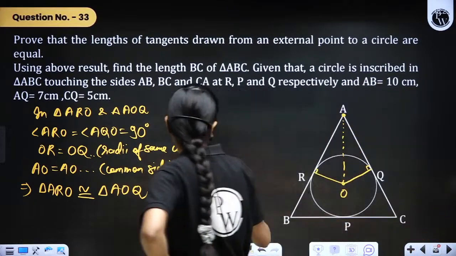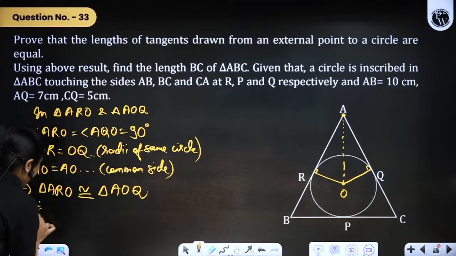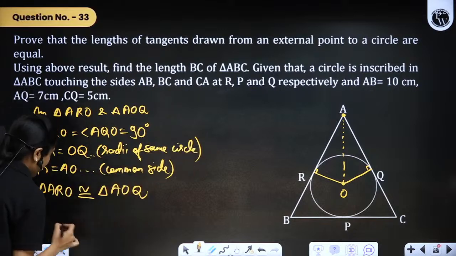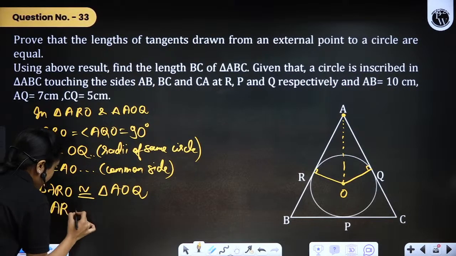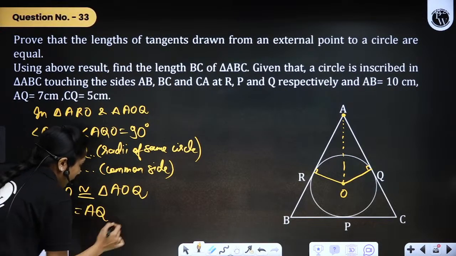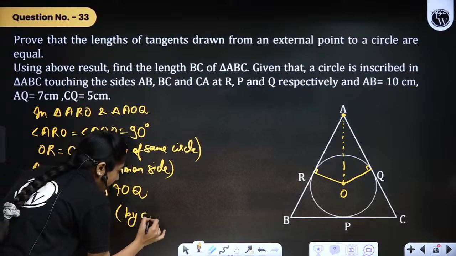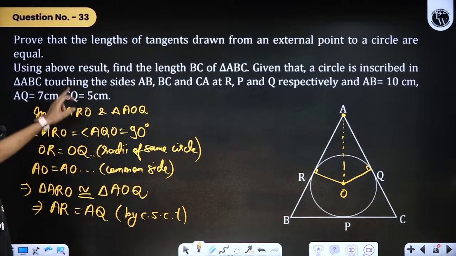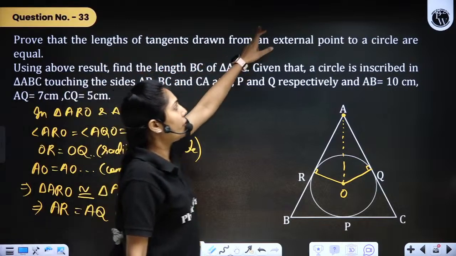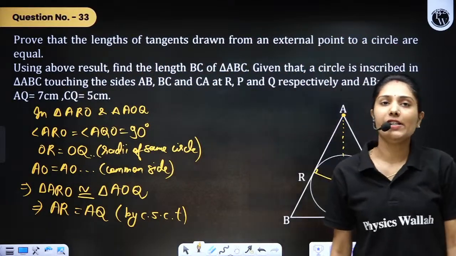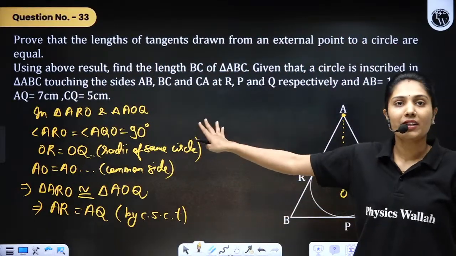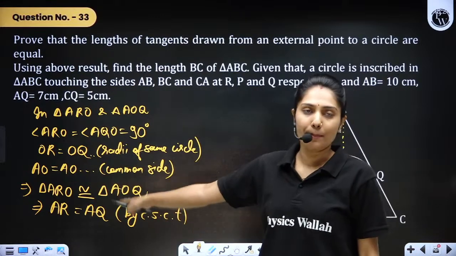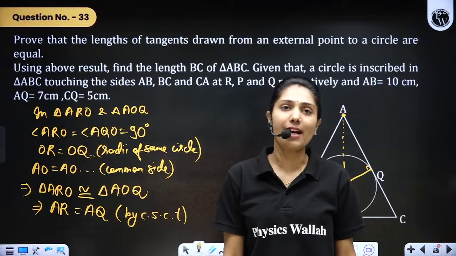So AR is equal to AQ. The reason is corresponding sides of congruent triangles. That's why the lengths of tangents drawn from an external point are equal. Hence proved. The first part is completed here.